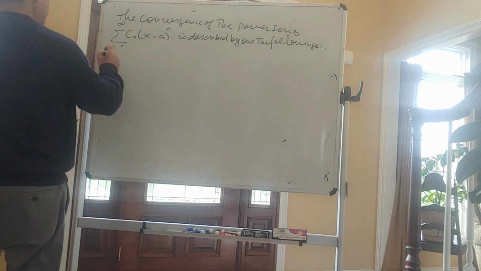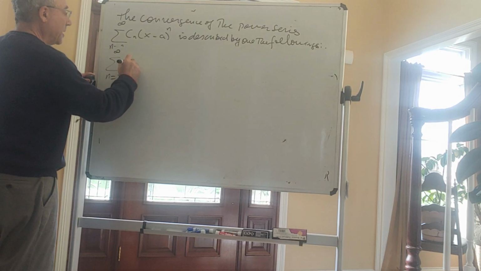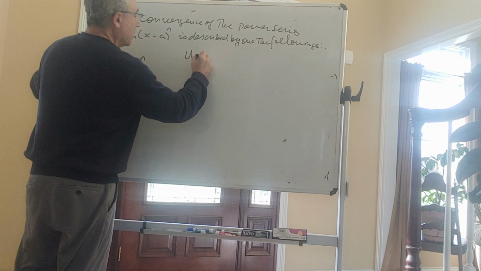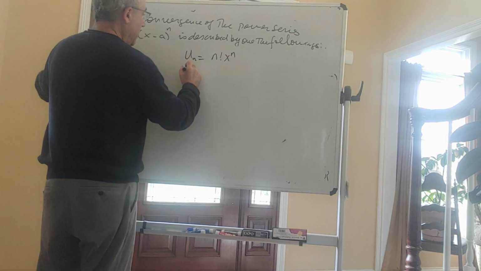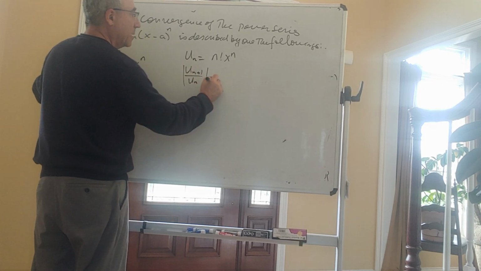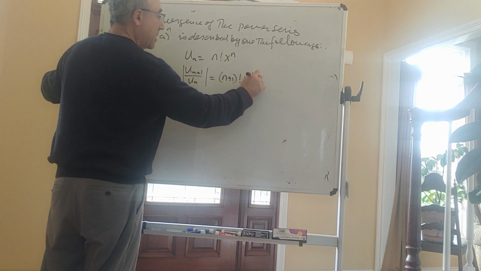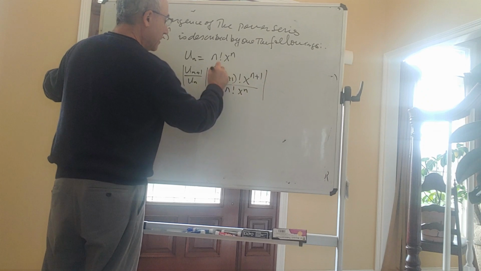Okay, let's go back to the sum from n equals 0 to infinity of n factorial x^n. Here u_n is n factorial x^n, and u_(n+1) over u_n is (n+1) factorial x^(n+1) over n factorial x^n.